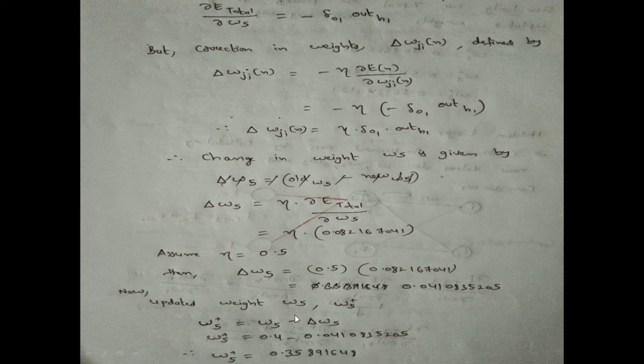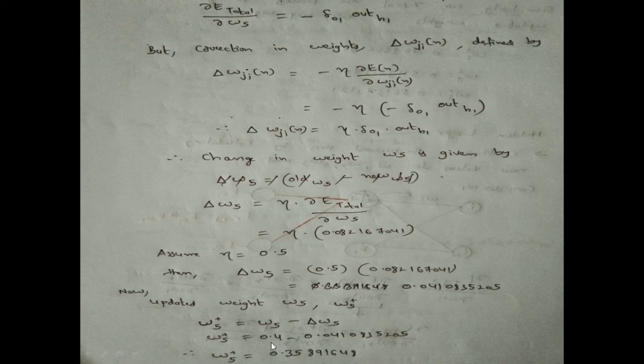So now how can we calculate the updated weight of W5? The updated weight of W5 is given by the previous or the old value of W5 minus the change in the weight W5 value we have just got. So the original value of W5 is 0.4 minus the change in the W5 value we have got just now, which is 0.041.